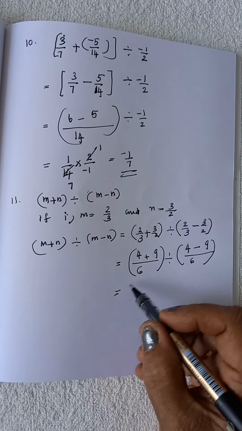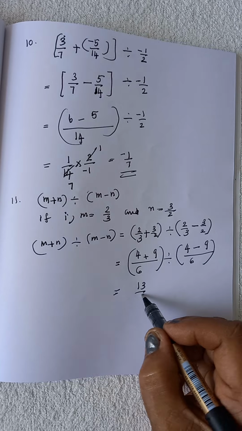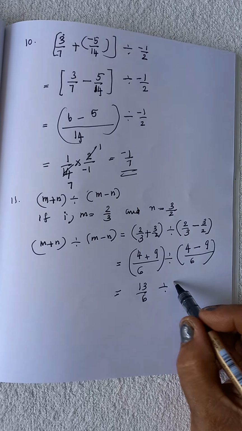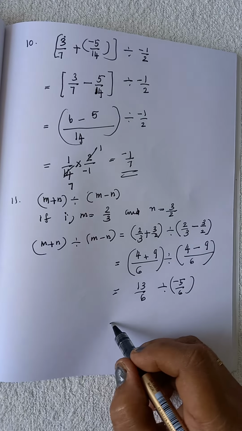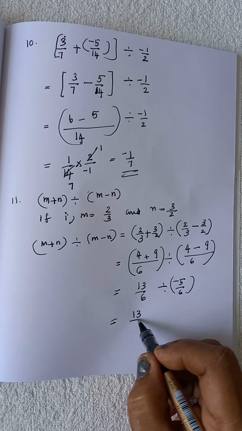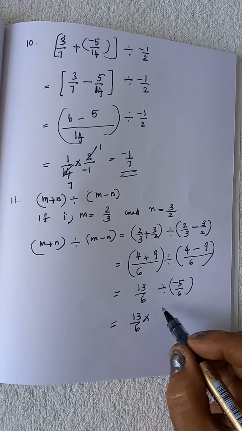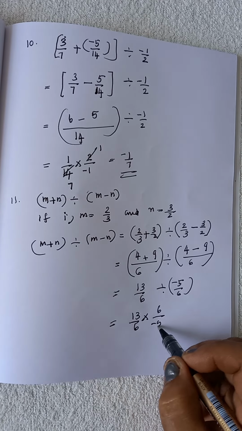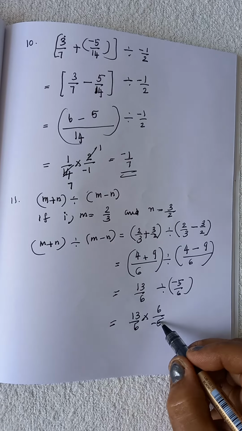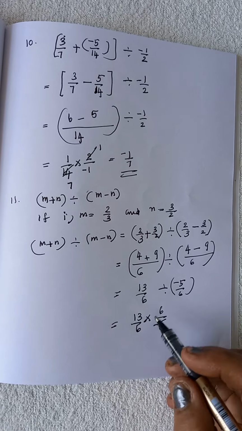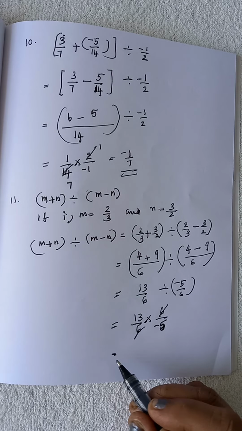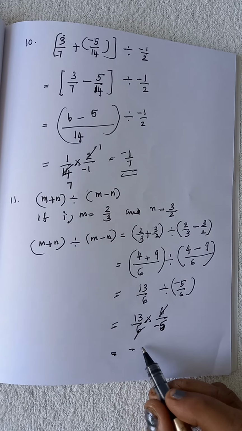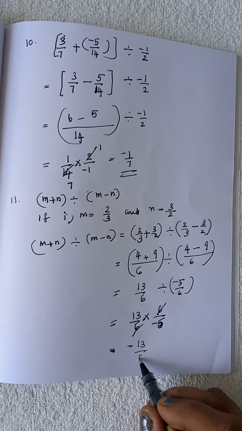Now this is equal to 13 by 6 divided by minus 5 by 6. Now this is equal to 13 by 6 into 6 by minus 5, as division is the inverse of multiplication. So 6 and 6 can be cancelled. So that is equal to minus 13 by 5.